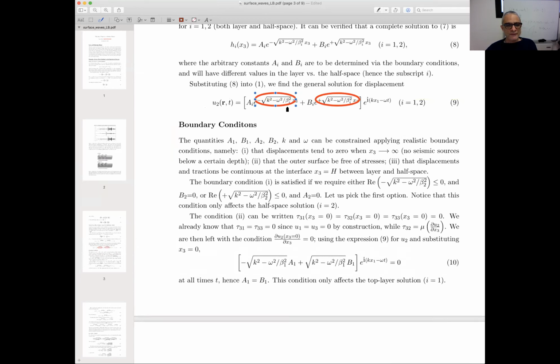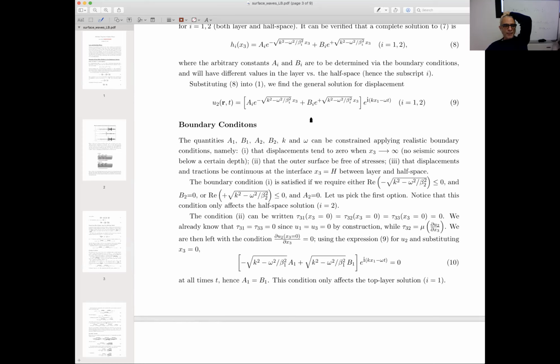So we have to decide whether the boundary condition boils down to the real part of this being a negative number, or the real part of this being a negative number. Both things cannot be true at the same time, right? So we have to pick one, and we pick the first option. So we require that the real part of the number that multiplies x3 here is negative, which means that the square root here is positive.